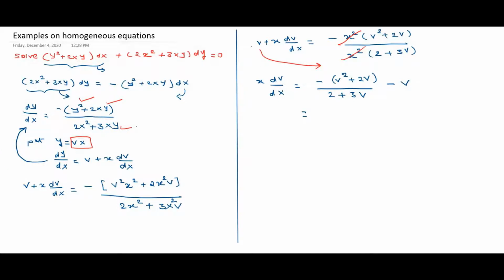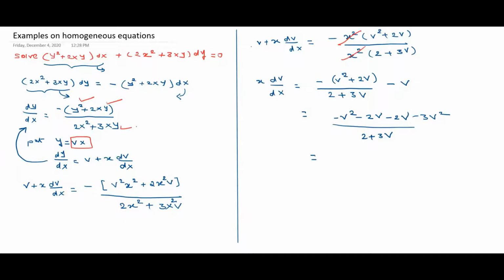This is equal to, if you take LCM, LCM is 2 plus 3v, and then minus into this v square is minus v square, minus into this plus 2v is minus 2v, then 2 into this minus v is minus 2v, and 3v into minus v is equal to minus 3v square.